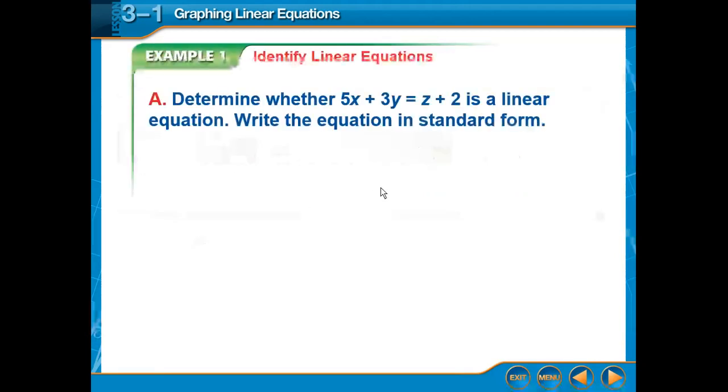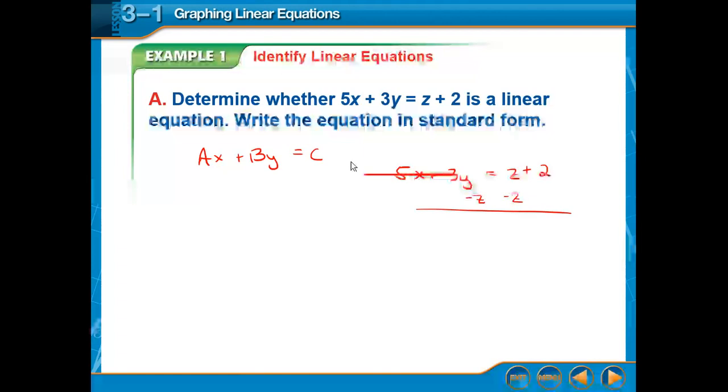In this case, we want to determine whether this is a line. Something that's a line can be written in the form ax plus by equals c. So if I have 5x plus 3y equals z plus 2, standard form gets all the variables on the same side. I would subtract z from both sides so that I get just a constant over here. So I'd have 5x plus 3y minus z equals 2.